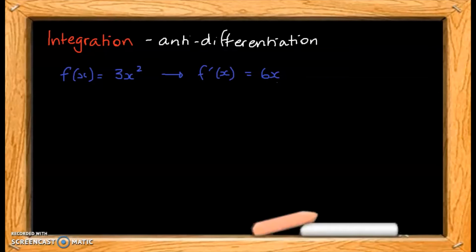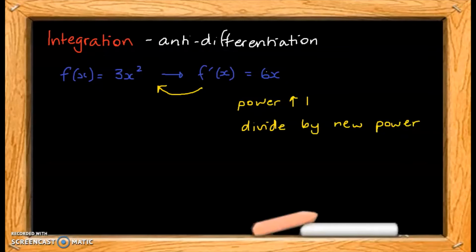Now, when I anti-differentiate, what I'll be doing is I'll be going this way. So what effectively I will do is I will raise the power up by 1, and then I'll divide by the new power. So in this case, I will start with 6x, and I'll end up upping the power by 1.